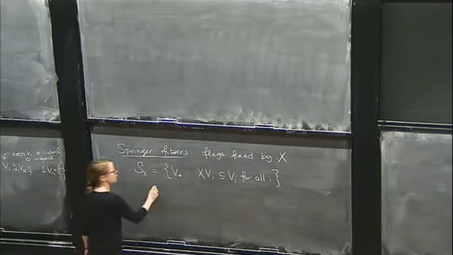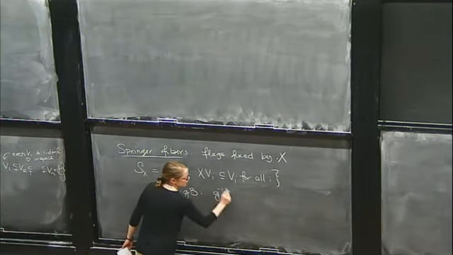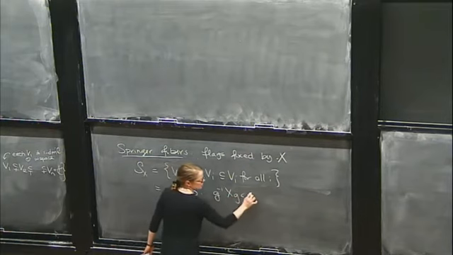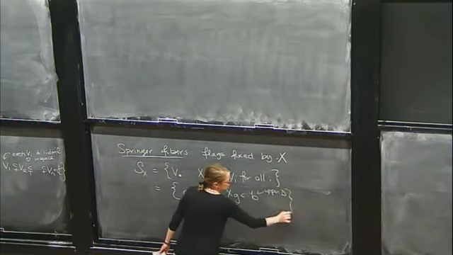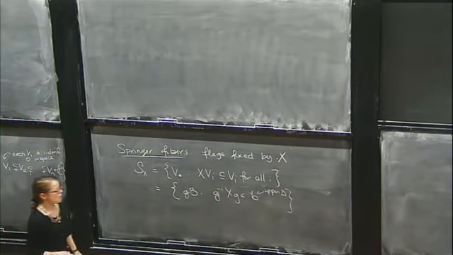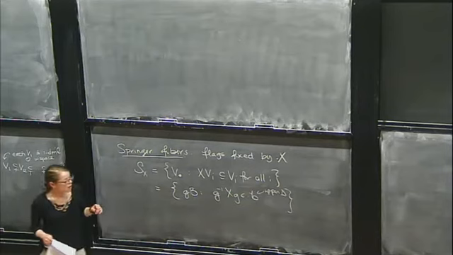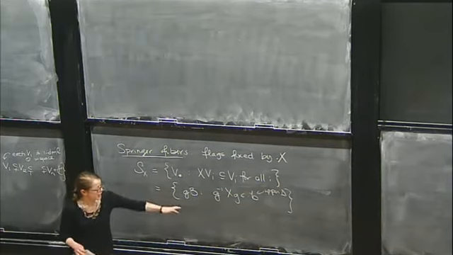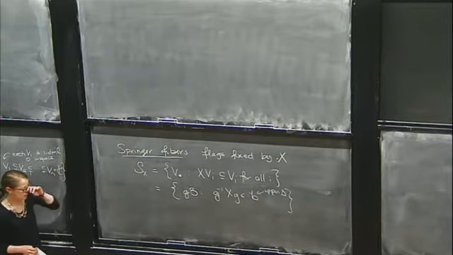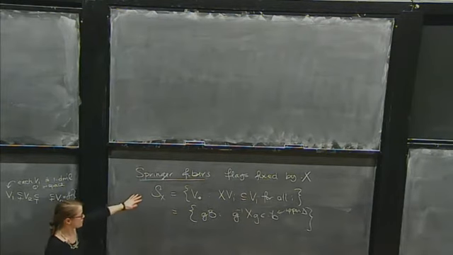Or, if you prefer, you can rewrite this condition, thinking about it as the collection of flags such that the adjoint action of G on x sends you back into the Borel, makes you upper triangular. So these are the flags fixed by x.